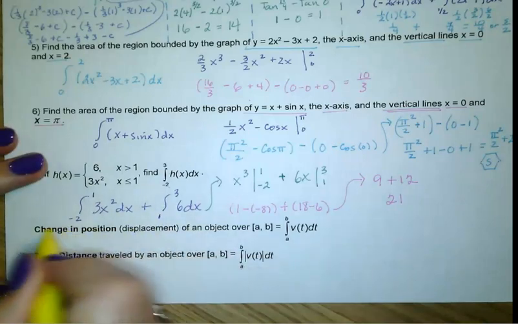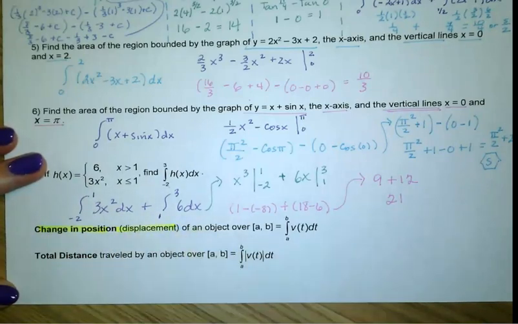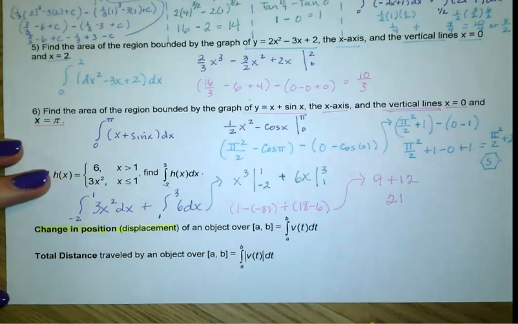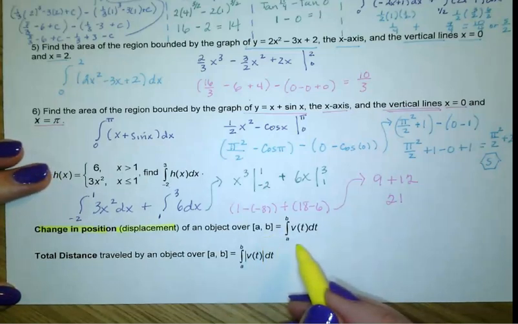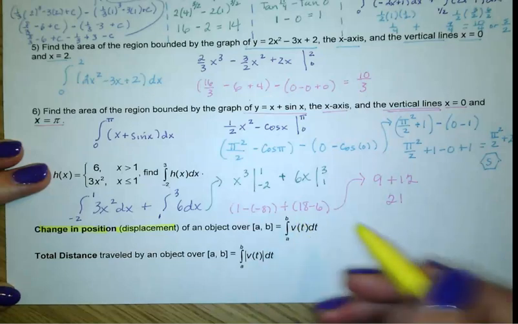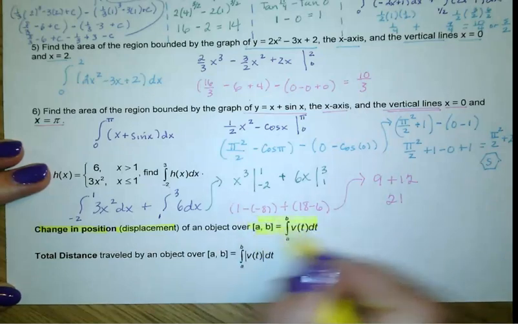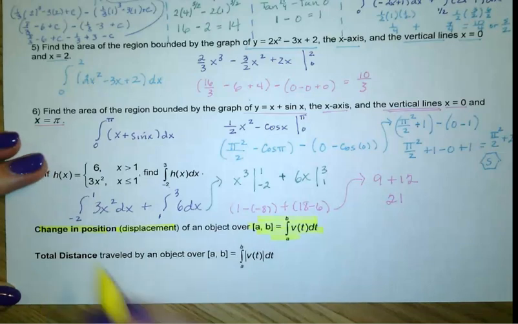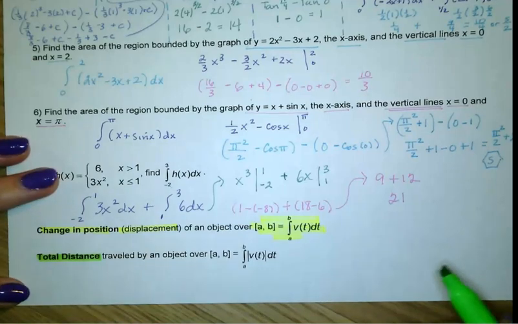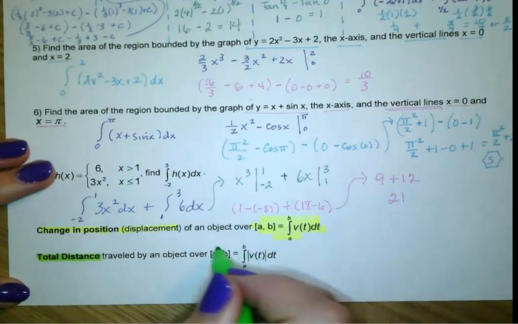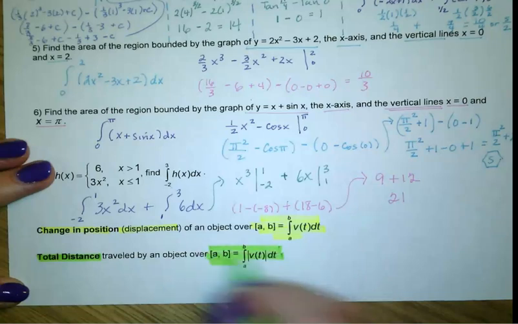Change in position is the displacement, and it's of an object over a closed interval from A to B, v(t) dt. Okay, so we're looking at this. And then total distance traveled by an object over that closed interval, notice the difference here is absolute value.